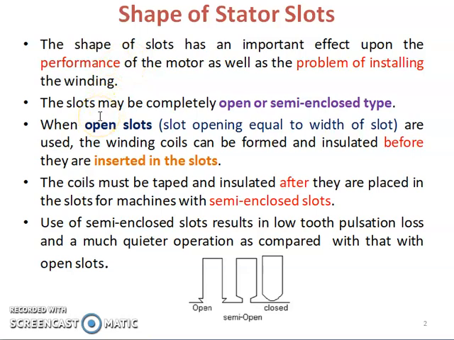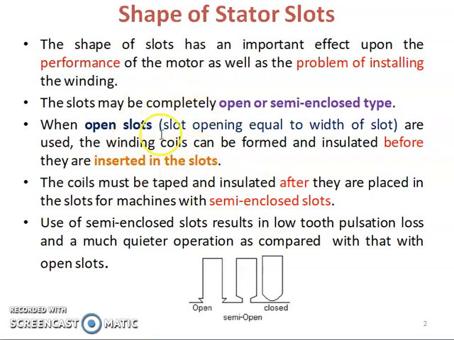There are two types of slots used. One is open type, another is semi-enclosed type. When open slots are used, the winding coils can be formed and insulated before they are inserted in the slots. In case of semi-enclosed slots, coils must be taped and insulated after they are placed in the slot.